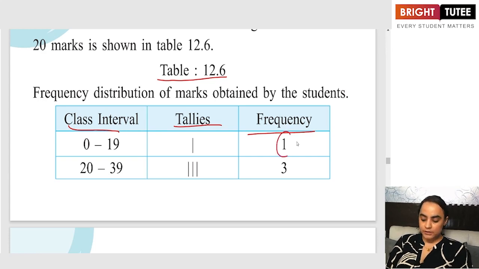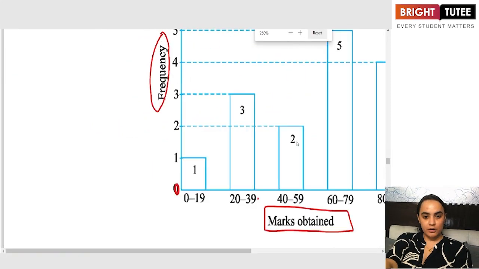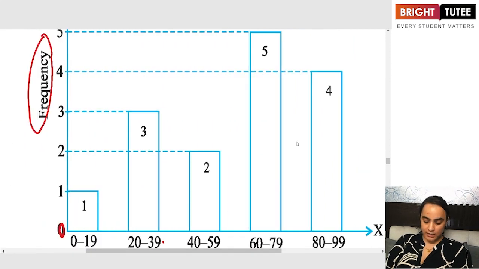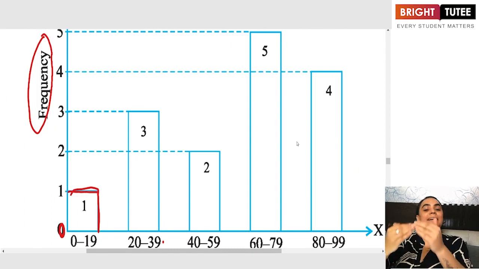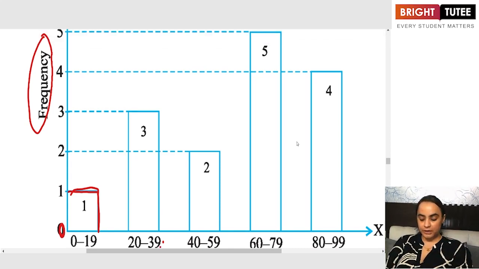Now, on the basis of your table, you see 0 to 19. How many students have scored between 0 to 19? Only one child has scored. So just look here, 0 to 19. Frequency just 1. So I raised my rectangle until the first frequency. 20 to 39. How many students scored between 20 to 39? 3. So this is 3.